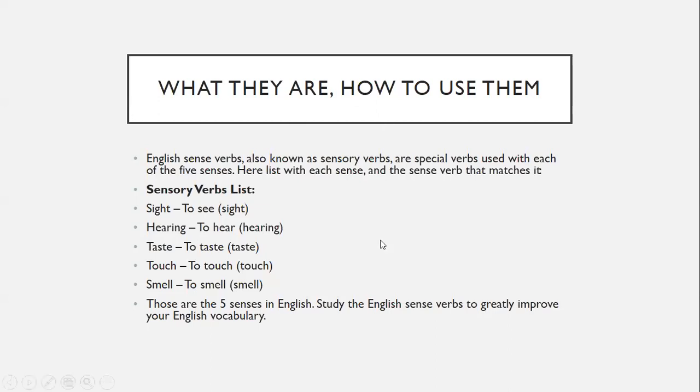Here you can see a list of the verbs that matched with that particular sense. So we have sight, to see, right? That's the verb that we use to describe that sense. Then we have hearing, to hear, taste, to taste, touch, to touch, and smell, to smell. So those are the 5 most common ones, or the ones that specifically describe the sense.